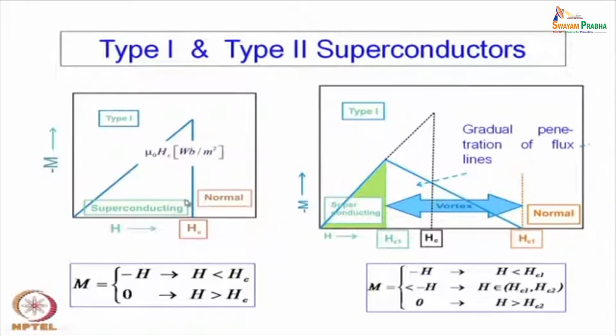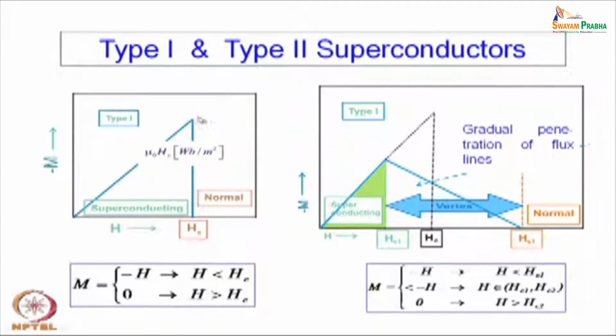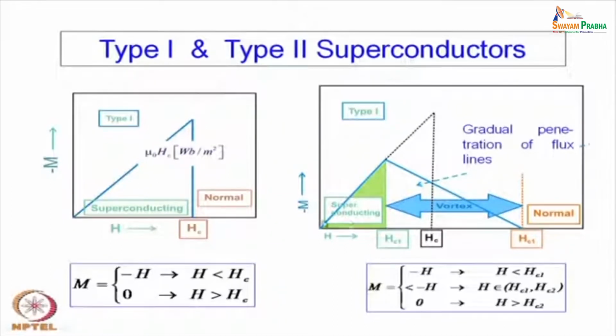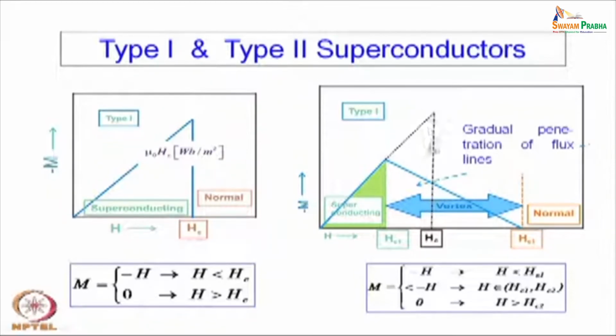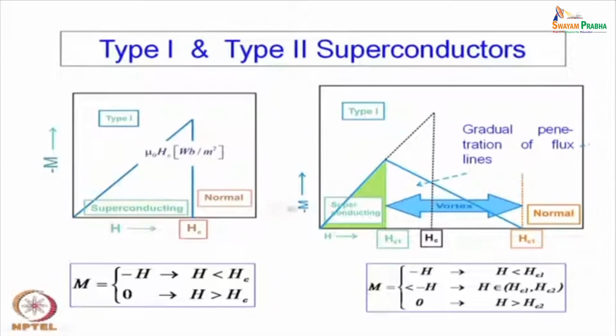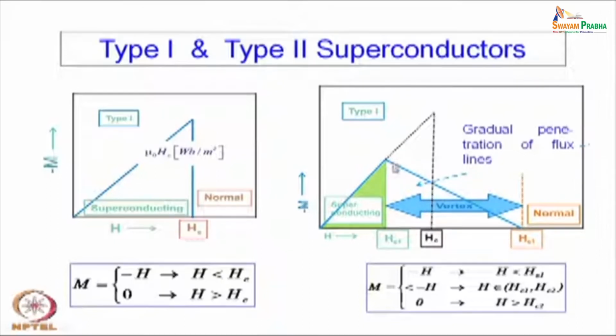So, unlike here, where there is a sudden change from a high value and it suddenly drops to 0, in type 2 superconductors they do not suddenly change. If it were a type 1 superconductor, it would follow this line and then suddenly drop at Hc, but this does not happen, that is why it is given dotted. It happens only in type 1, whereas in type 2 this phenomenon does not happen, instead it follows this curve or this straight line.